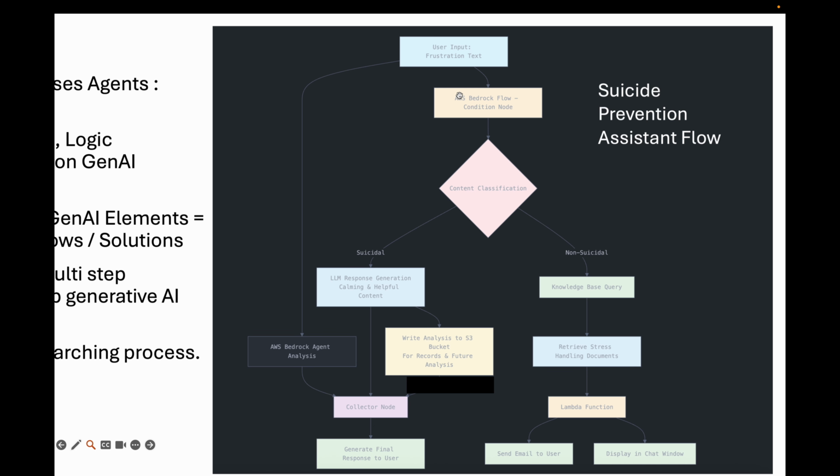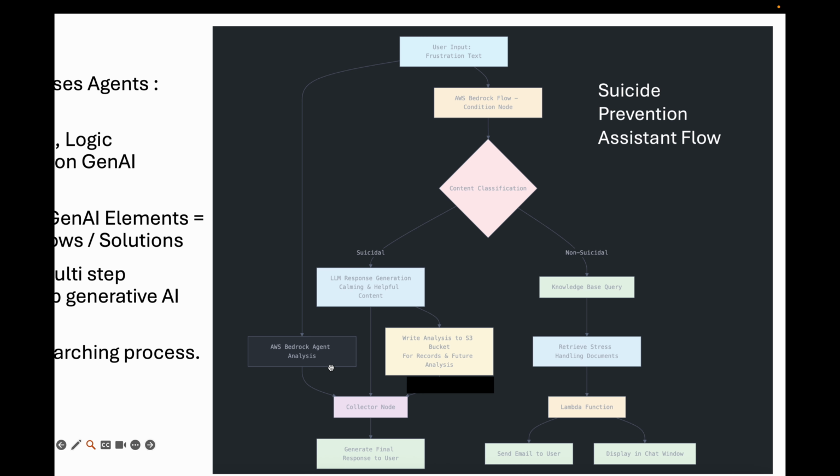So if I have to show it in a flowchart, a user enters a frustration text, right? There are two approaches. One is a conditional node which identifies if a person is suicidal or non-suicidal. Just to show different components of AWS Bedrock Flows in this workflow, I am also triggering an AWS Bedrock agent, which essentially checks the intent of the user's frustration text and figures out if a user is suicidal.